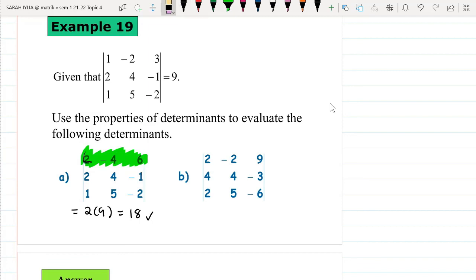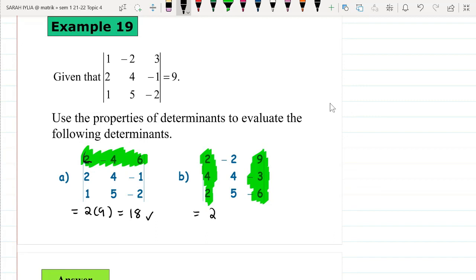Okay, next one. Kita proceed with B. So, kalau B, kita tengok apa yang dah berubah. Second column maintain. So, yang berubah sekarang, first column dengan third column. Okay. So, every element on first column, dia dah multiply by 2. Kan? From 1 to 1, dia jadi 2 for 2. So, dia dah multiply by 2.